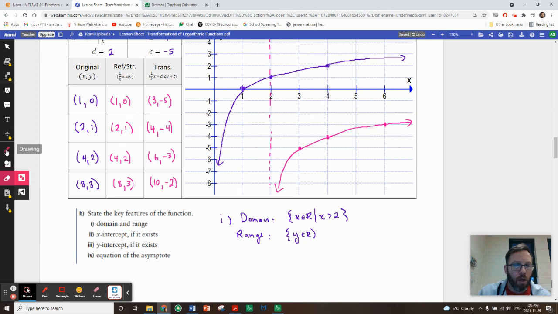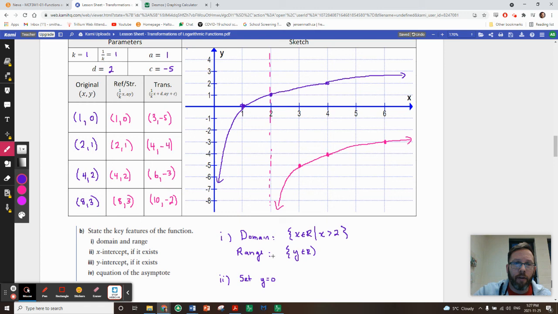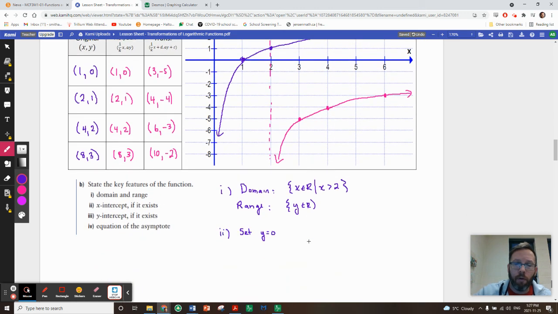Domain and range done. Let's investigate if there's an x-intercept. X-intercepts occur when y equals 0. So we set y equal to 0, and the equation becomes 0 equals log base 2 of x minus 2, minus 5. We solve this equation, so we get 5 equals log base 2 of x minus 2.